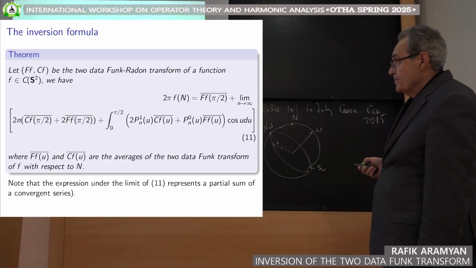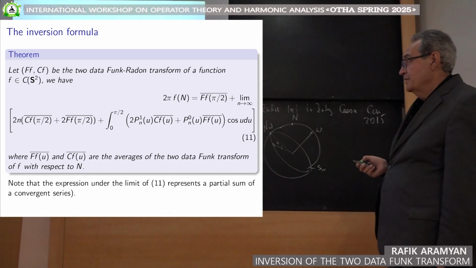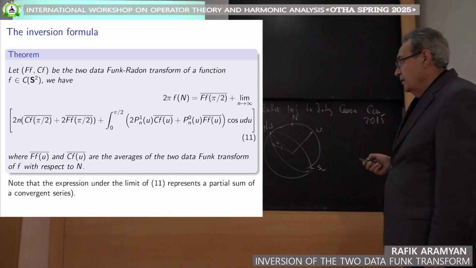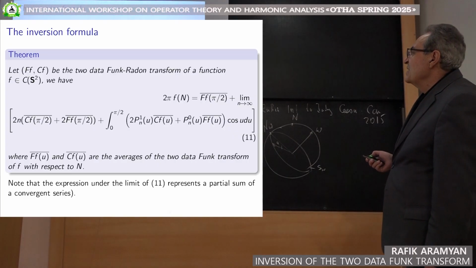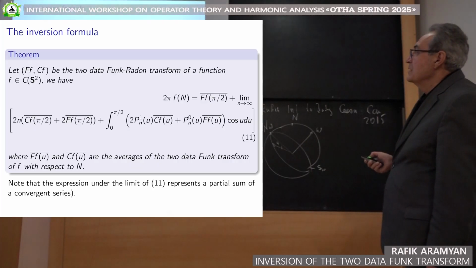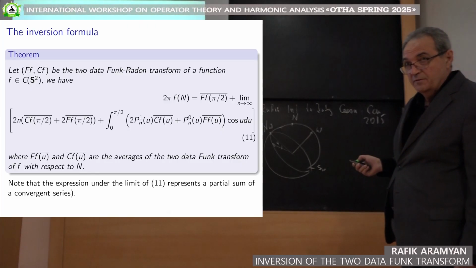By the way, in the case when f is an even function, Cf is 0, so this part will disappear and we obtain the reconstruction formula for the even function.